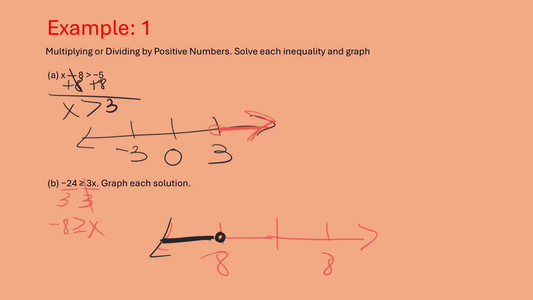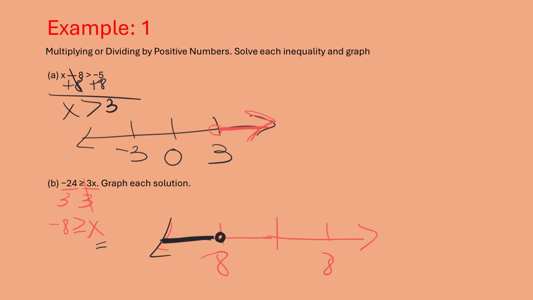It's on the right-hand side. Always remember, if your variable is on your left-hand side, you go wherever the inequality is telling you to go, okay? If your variable is on the right-hand side, you go the opposite of what the inequality is telling you.